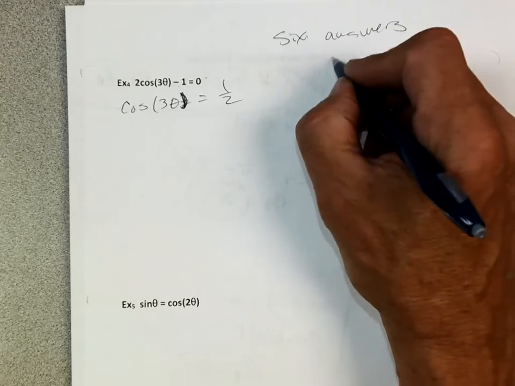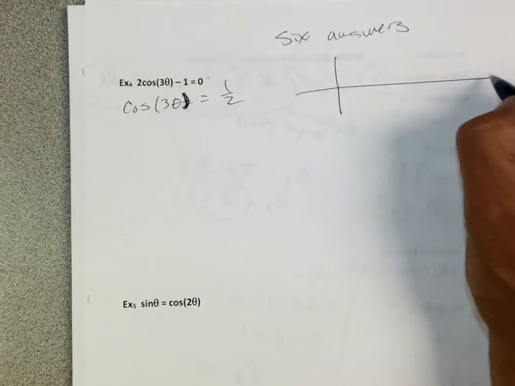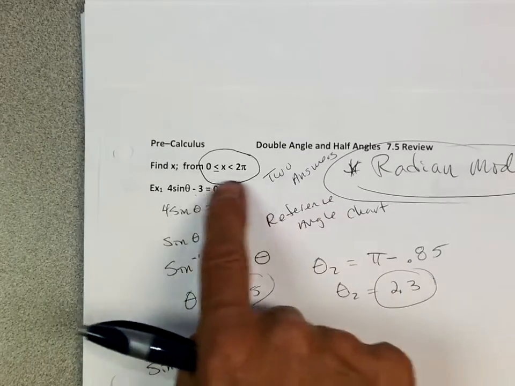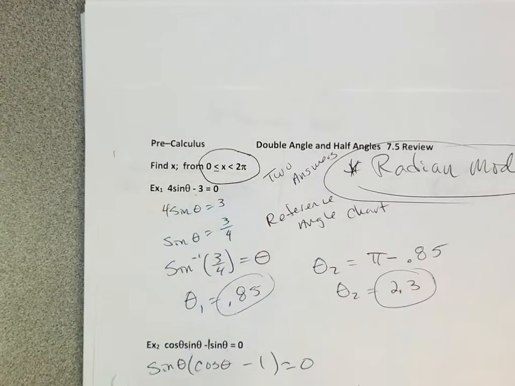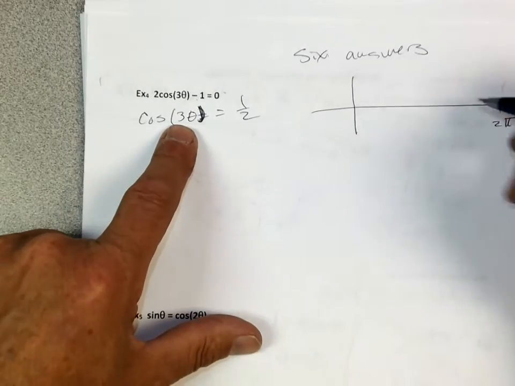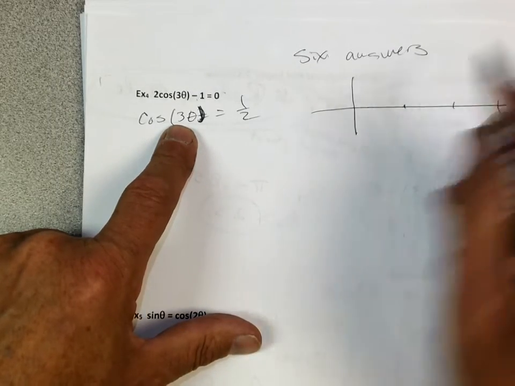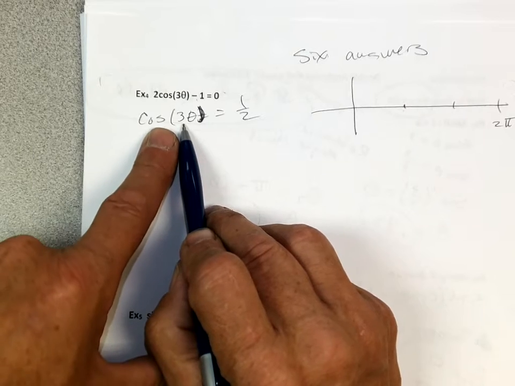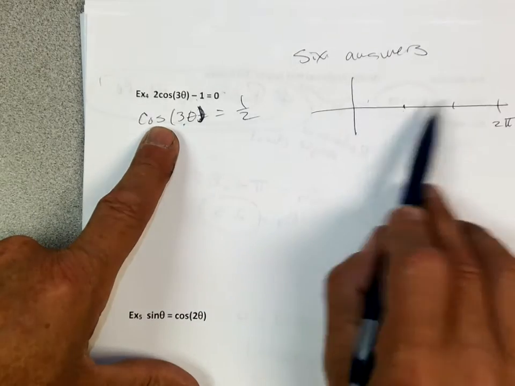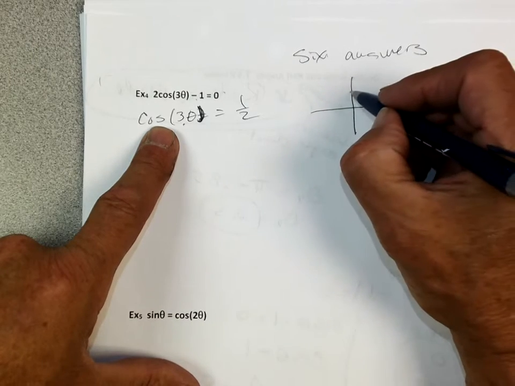So if I draw a picture, and we've done this before, because remember, we're trying to find our answers between 0 and 2 pi. I know that if I were to do a 3 cosine, I'm going to have 3 cosine curves between 0 and 2 pi. So it's going to look something like this.